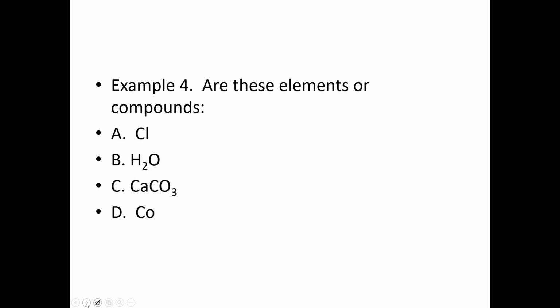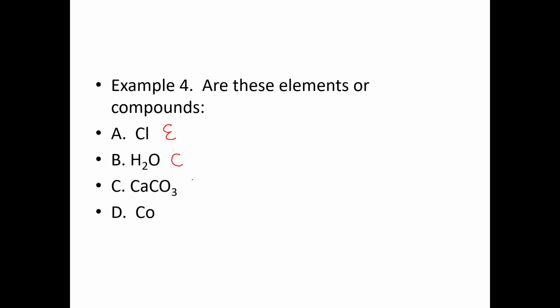So, are each of these elements or compounds? Let's try them and then we'll go over them. So A, chlorine, is that an element or a compound? Well, that, my friend, that's an element. It's one element, nothing else is shown. What about B? Well, that's water. H2O, 2 elements bonded together, that's a compound.